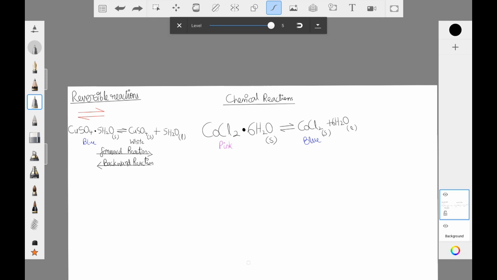And then we already discussed how the addition of water to anhydrous compounds can be used to test for water. And now we should definitely look at some of the conditions that affect reversible reactions, and also discuss what equilibrium means.